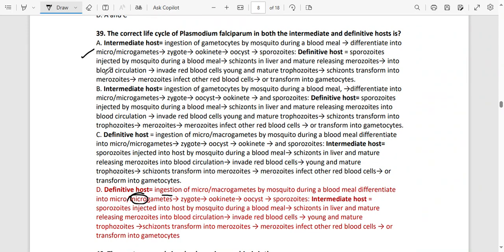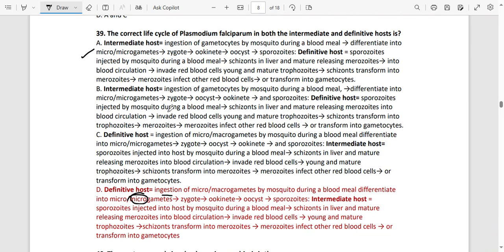Okay, this is making much sense. Let's see B. Ingestion of gametocytes by mosquito during a blood meal, differentiate into micro, zygote, ookinete, oocyst, sporozoite, and then definitive sporozoites ingested by mosquito during a blood meal, schizont in the liver and mature releasing merozoites into blood circulation, invade red blood cells.